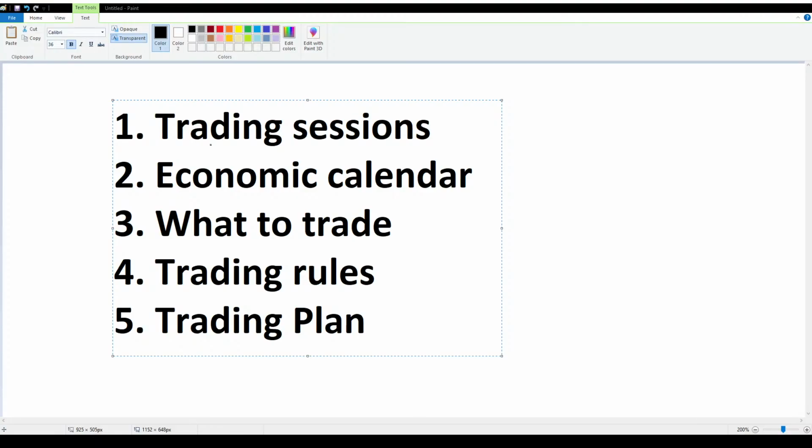Because of the three different sessions, there are currencies that will be active in the USD session, and then there are currencies that won't be active in the London session, but they're active in the USD or the Asian session.